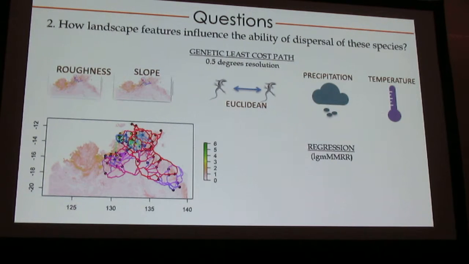After that I performed a regression to see which one was significant for each of my species or lineages. And it's basically what is shown in this map here. It takes the cost that a species needs, based on these environmental gradients, to go from one point to another.